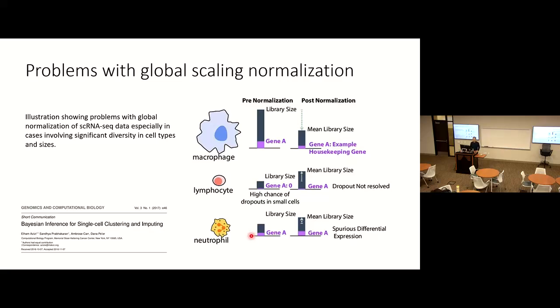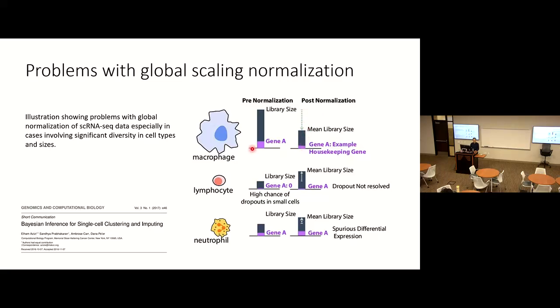But we cannot consider this because we have no idea whether the library size you sequenced from one cell is larger because by chance you sequenced it more, or because it's a macrophage and larger by itself. If we don't consider this and just do the normalization the usual way, it will not be fair to macrophages, because you force the normalization to push the average library size to be the same across all three.